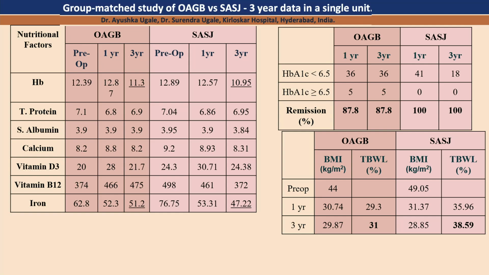This was a group-matched study of OAGB with the SASJ, since OAGB is the more popular bariatric bypass procedure being used. Nutritional stability was equivalent. The control of weight and diabetes resolution was marginally better with the SASJ, but not very significantly different.